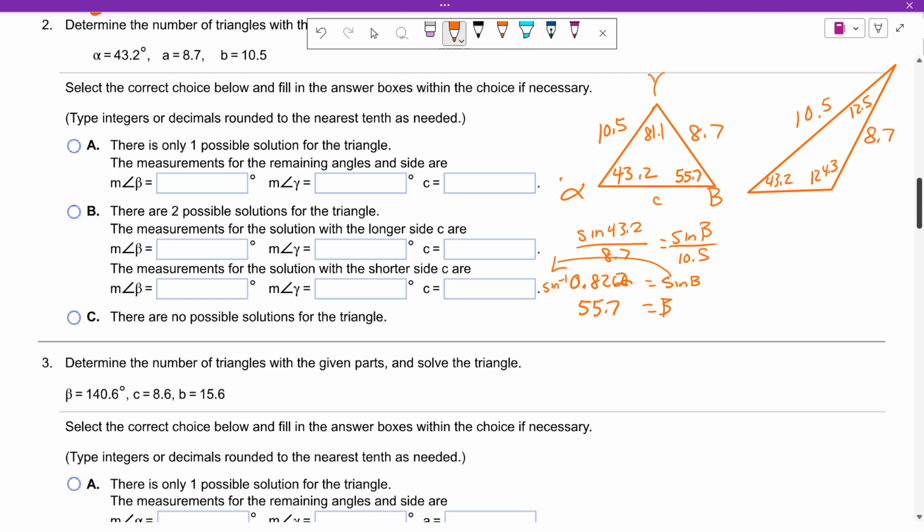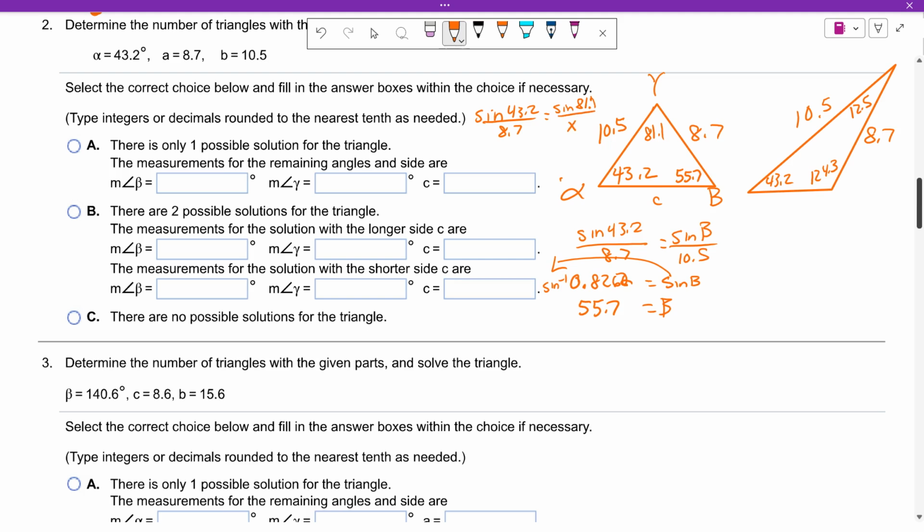Now we just need to know one more side. So this was given to me, this was given to me. So I'll use these two. So I'll say the sine of 43.2 over its opposite side, 8.7, equals the sine of 81.1 over its opposite side, x.